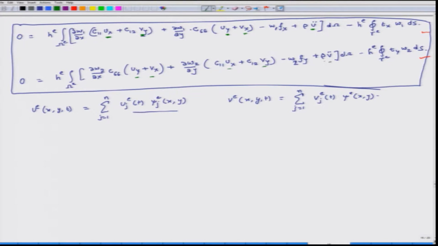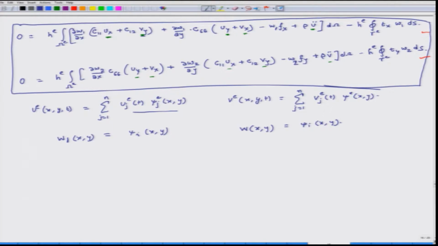The other thing is we have to make a choice for weight functions. So, I say that W1 is a function of x and y, and it is the same as psi I of x and y. And the second weight function, W2, is also psi I of x and y.